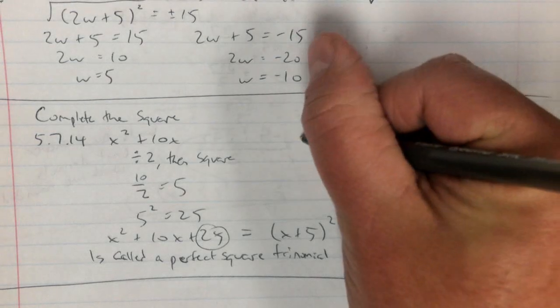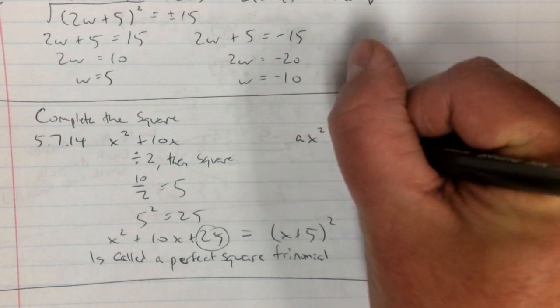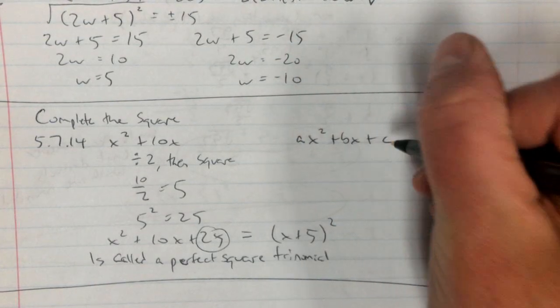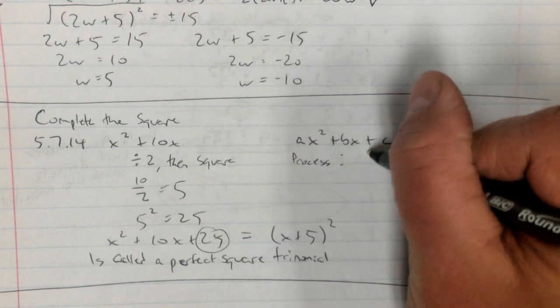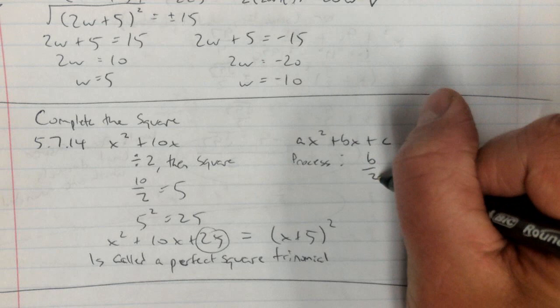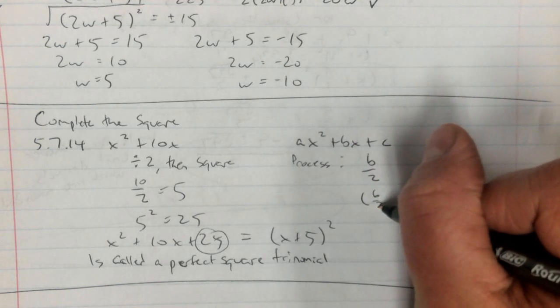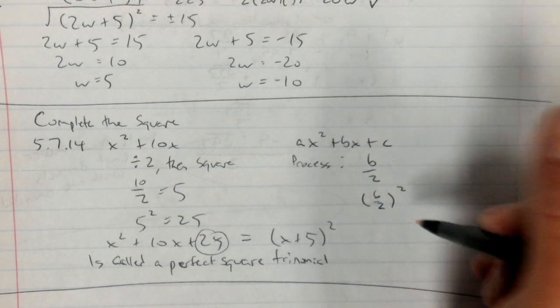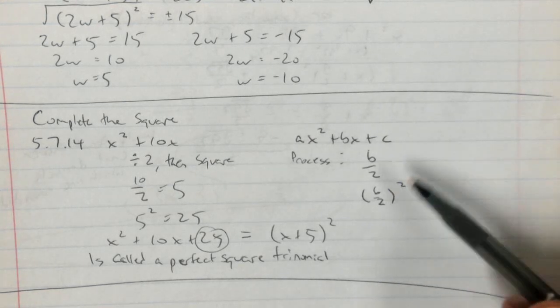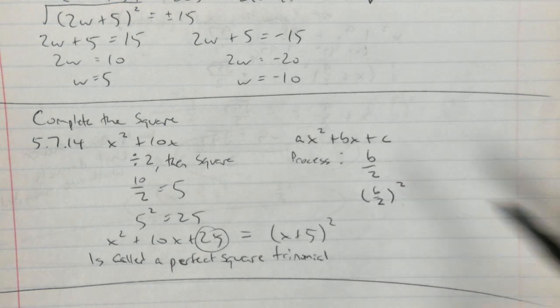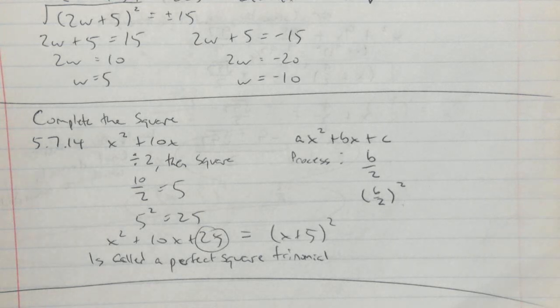So you have ax squared plus bx plus c. And the process is basically going to take b, divide by 2, and then square it. So that's going to be your process. And then once you do something to one side, then you're going to have to do it to the other. And that's going to be the complete process.